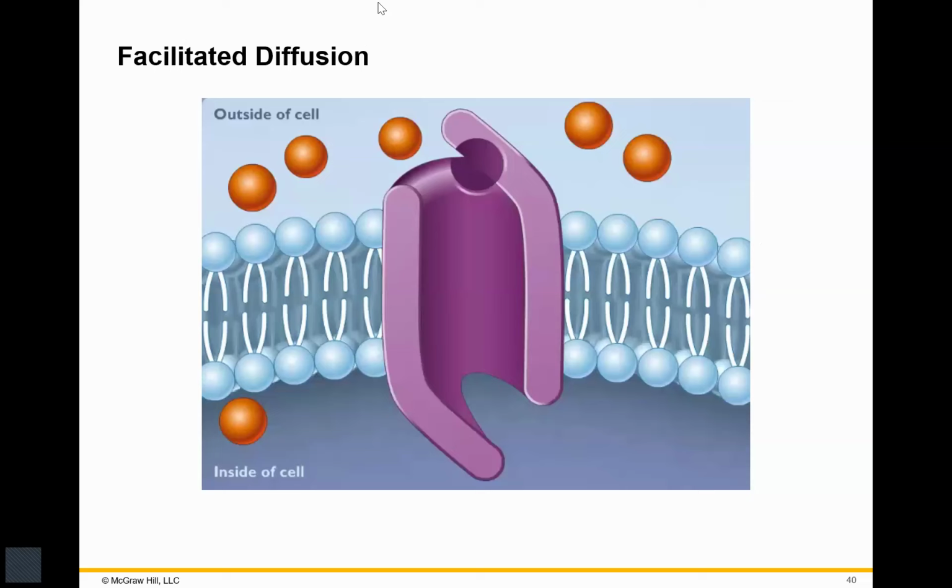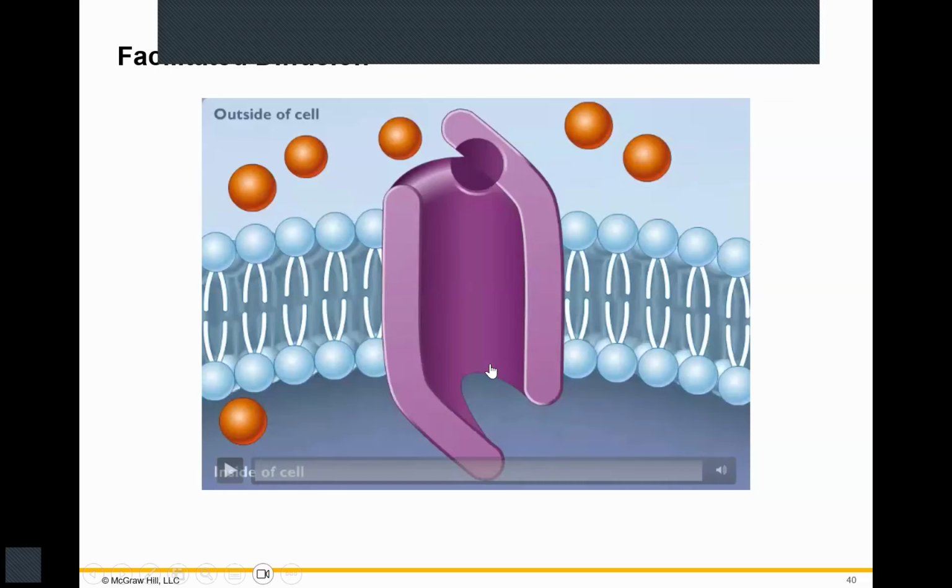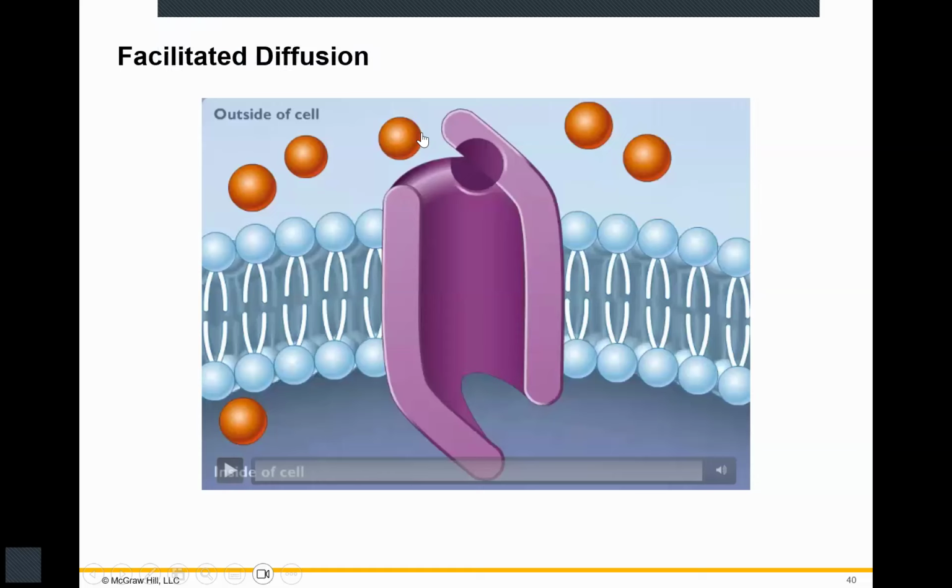Now, for facilitated diffusion, there are carrier proteins. They take the molecules, bind to it, and take it across in and out of the cell membrane.